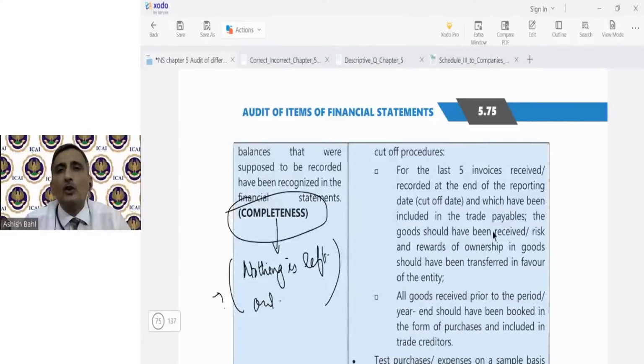So what will you do to test the completeness of trade payables, that all the creditors have been recorded?